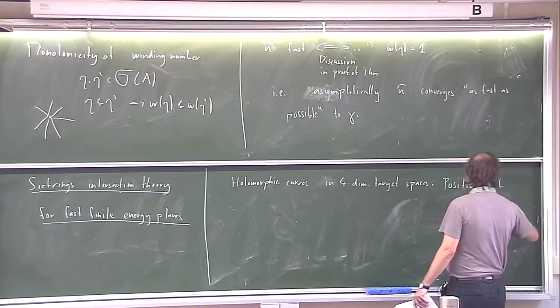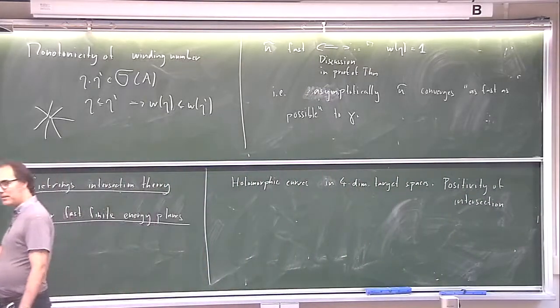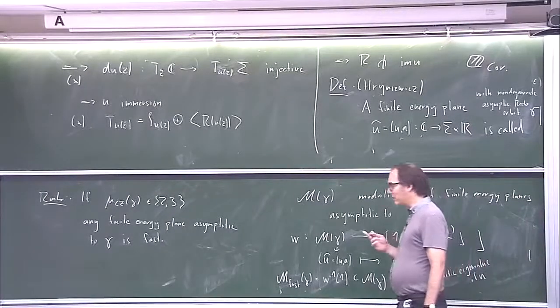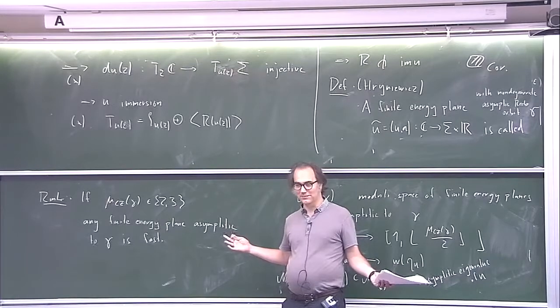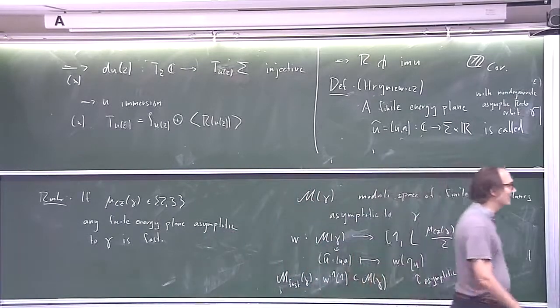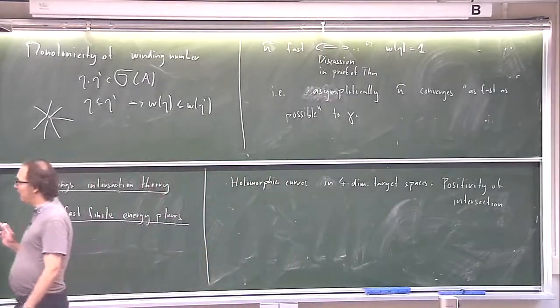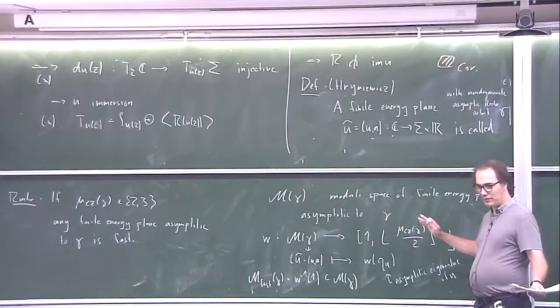So if they intersect, then they always intersect positively. If their intersection number is 0, they don't intersect at all. That's some good application.